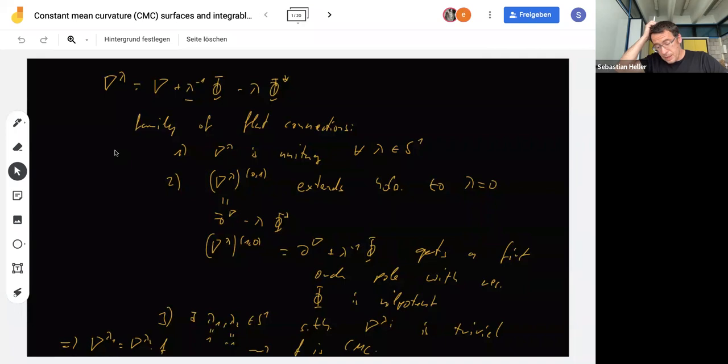And there was the observation by Hitchin, which I discussed shortly yesterday, that in the case of tori, or Riemann surfaces of genus 1, it is good enough to not specify the actual family of flat connections, but only certain invariants of this family, like the gauge classes depending on the spectral parameter lambda.